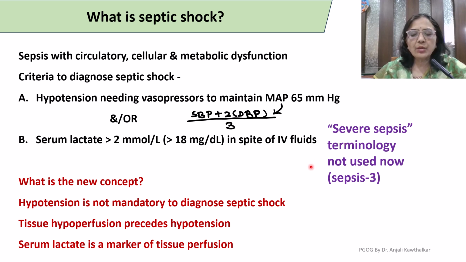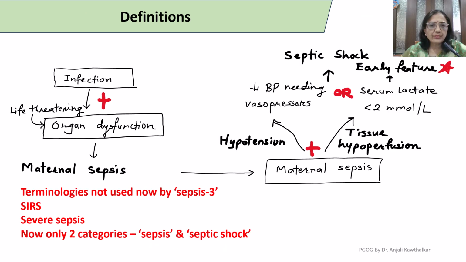According to the newer guidelines, the 2024 RCOG guideline and the 2020 American Academy of Family Physicians guideline, the severe sepsis terminology should not be used. The disease has only two categories: sepsis and septic shock.